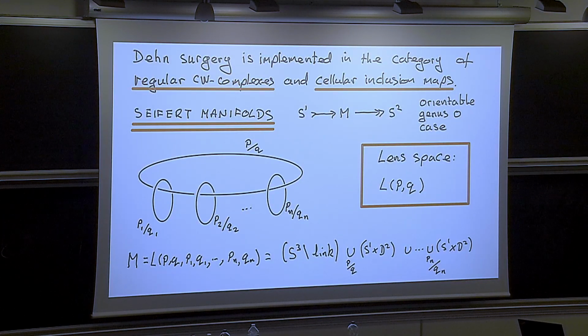And you just take a P and a Q. So a lens space, one definition, is that you take your three-dimensional sphere, you remove the trivial knot, and then you glue back in what you've removed, the torus, using PQ coefficient. But of course you could do it with any knot, but the lens space is the trivial knot.